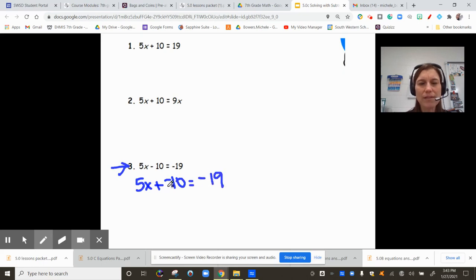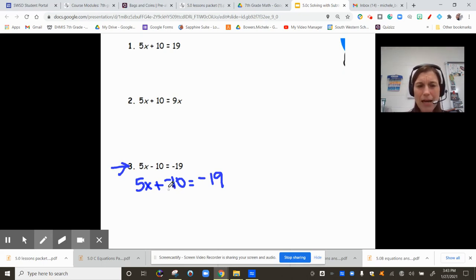Because what I want to know is that the easiest thing here would be to add 10 to both sides. But I want to make sure I understand that the opposite of negative 10 is positive 10. So I'm giving a positive 10 to both sides because I don't want to subtract a negative 10 from both sides.